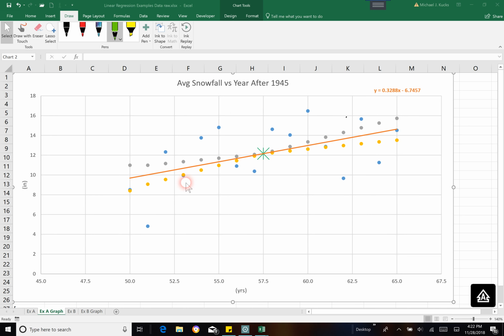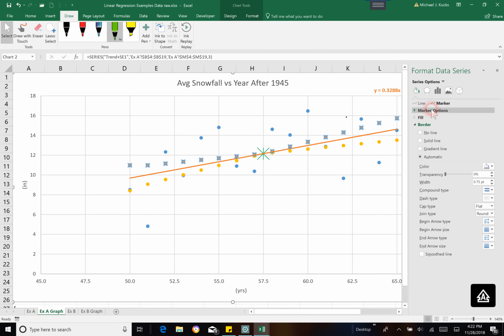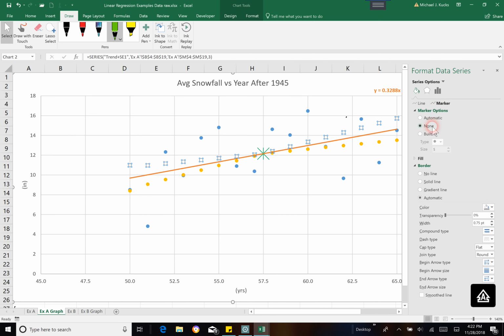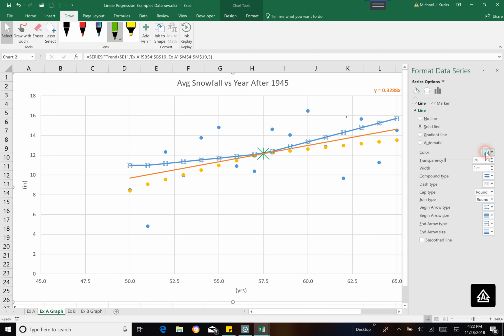Now I've got these things that I need to format a little bit. I want to turn off the markers. I want to go to marker options and say no markers, then go to line and say I want a solid line.